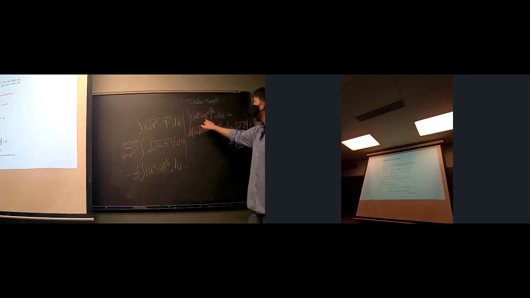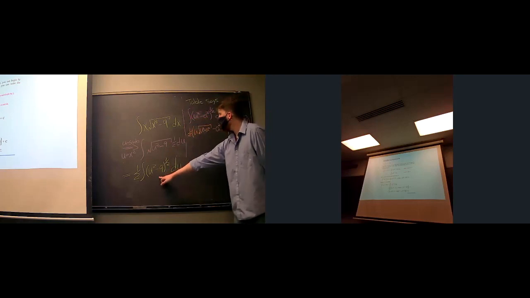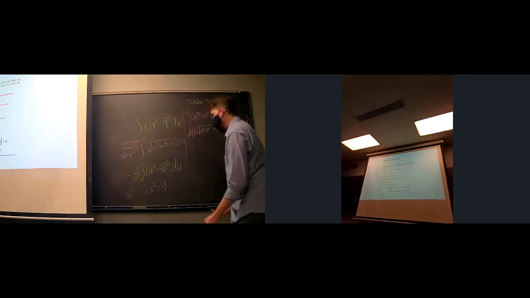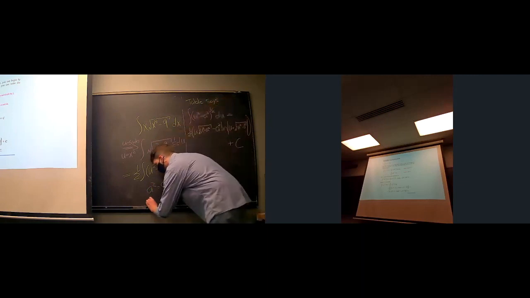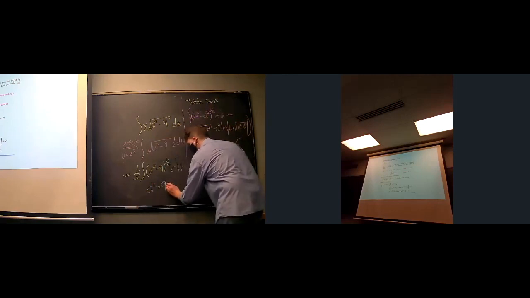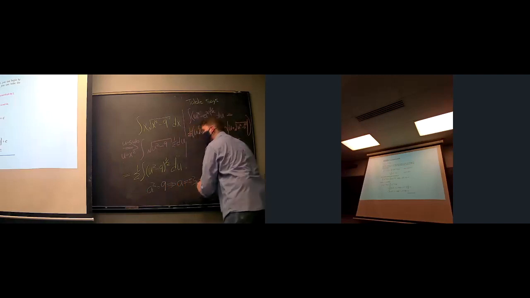Now a is going to be equal to, in this case, 3, right? So a squared is equal to 9, so a is going to be plus or minus 3.